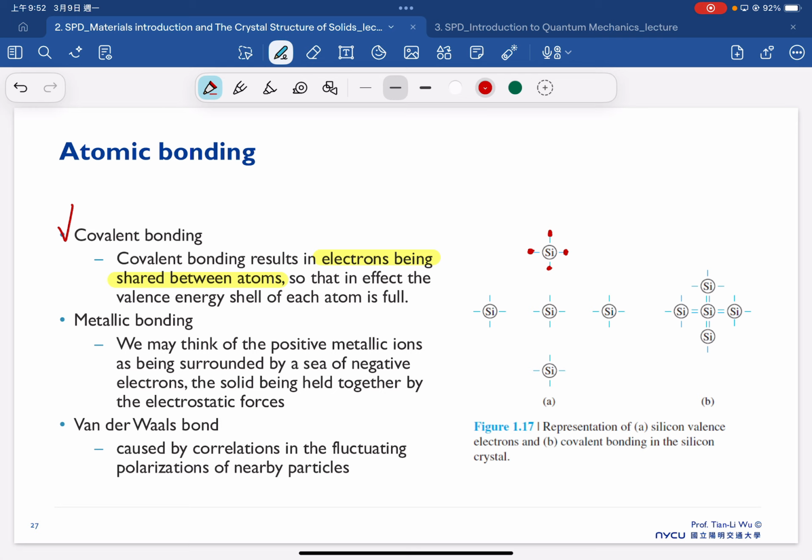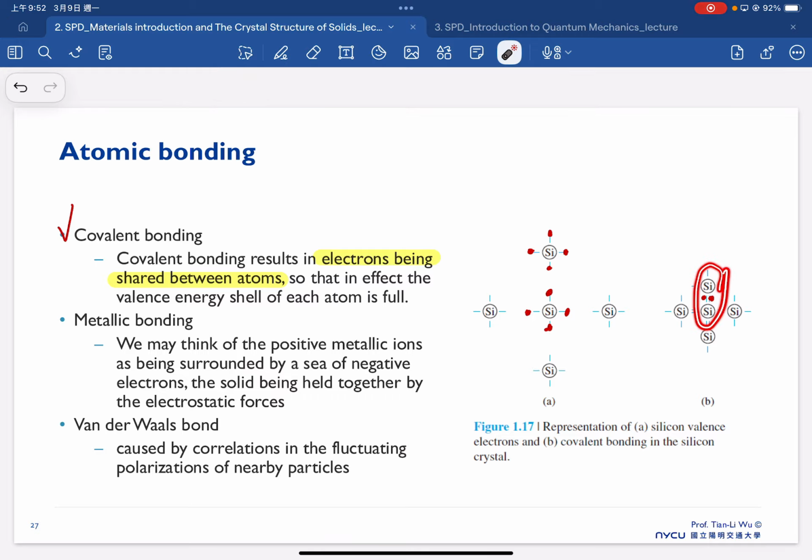So there are 4 electrons in the outer shell of silicon, and if you consider another silicon, we also have 4 electrons. Once these 2 silicon atoms are near each other, each one will contribute 1 electron, and then these silicon atoms share these electrons between the two atoms.